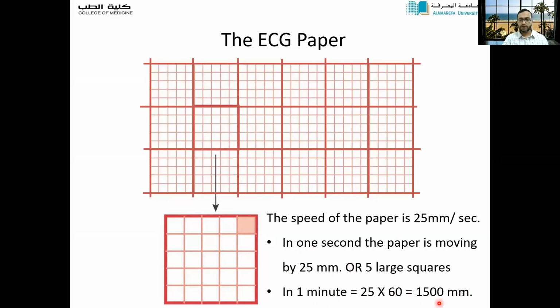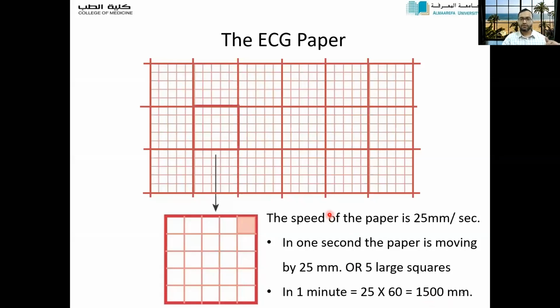Once you know how many small squares there are, you can easily comment about the large squares. 1500 small squares equal 300 large squares. So the 1 minute period on ECG paper is either 1500 small squares or 300 large squares.